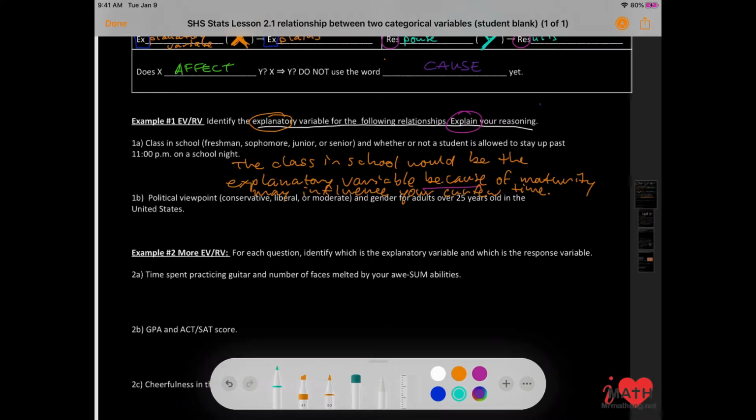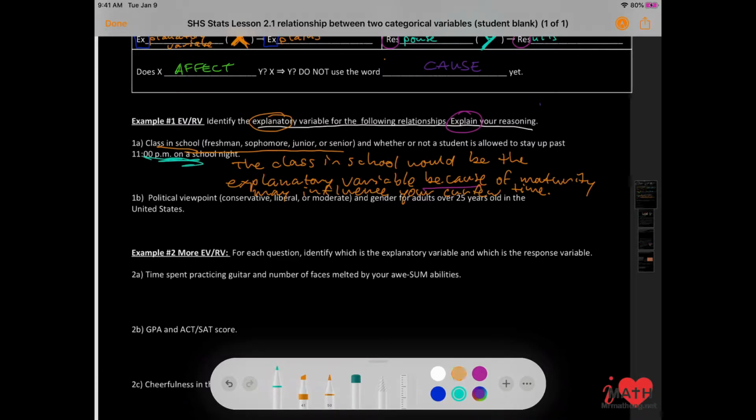If you might be a mature freshman, but usually it's the juniors and seniors who are a little bit more mature, right? They're the explanatory, and the results, the response variable, is whether you can stay out or not.